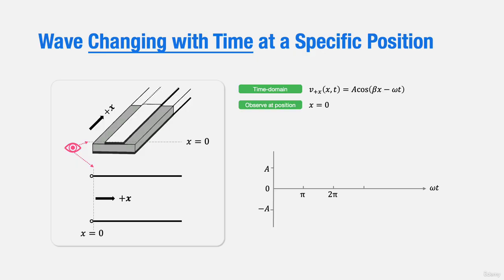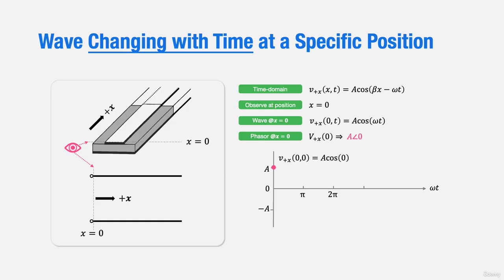This allows us to replace the increase in time with an increase in angle, normalizing the time parameter. Since x equals 0, the wave observed at this position is a sinusoidal wave A cosine omega t with a phasor of A and angle 0 degrees and an initial value of A cosine 0 in the time domain.